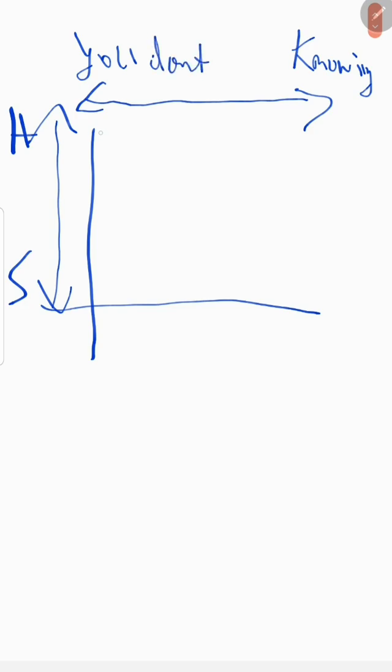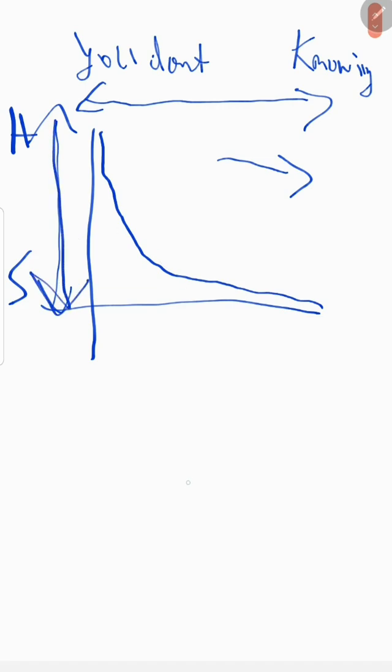You will get a smooth curve that looks like that. So the more you know about your market and the trend or the sideways market, the simpler your strategy can be, and you will make money. The less you know about the market and the trend, the more important is a good strategy.